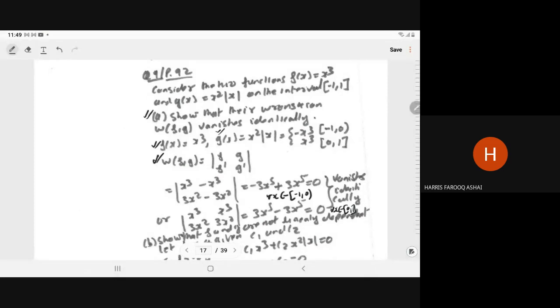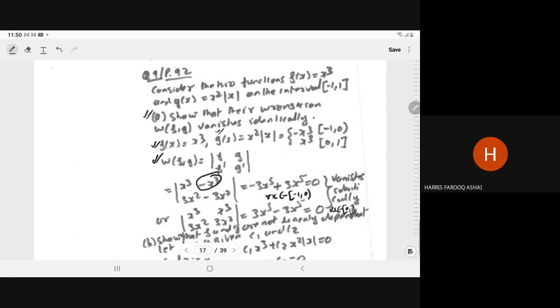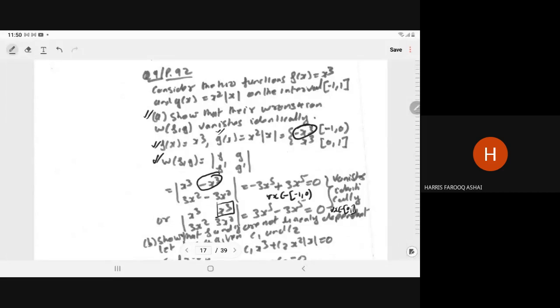Either you take x from -1 to 0 or 0 to 1. Here we have taken the minus x³ from here, and here we have taken the plus x³, right, from here. So you can see from -1 to 1, W is identically 0.